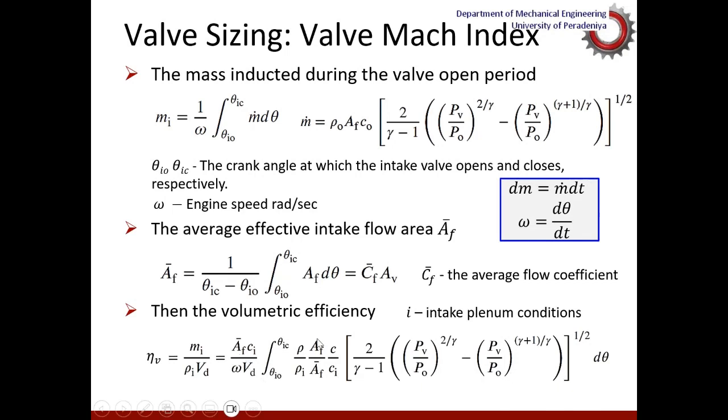And the integration of this equation across the inlet valve opening and inlet valve closing would give us then the volumetric efficiency. And if there is no backflow, we could assume that all gases are air. Then we could say rho over rho i, or C over Ci, is the same.